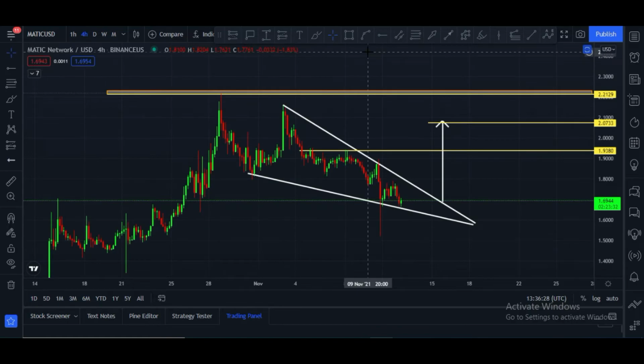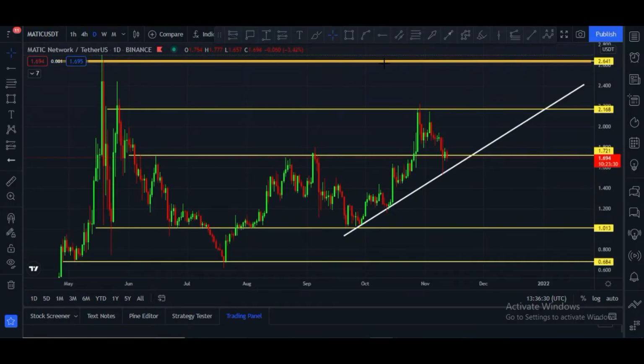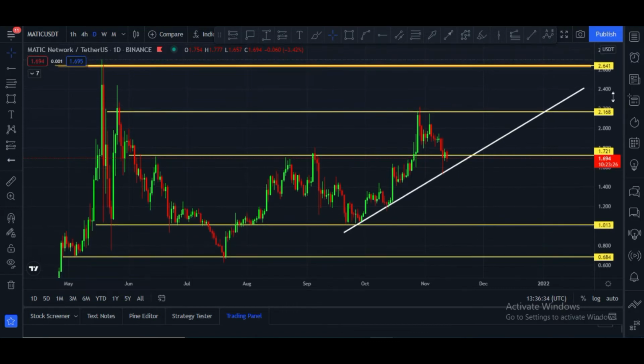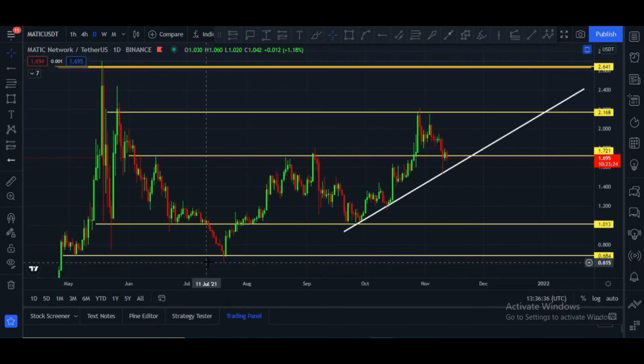Let me show you the daily chart. This is the daily chart, and here you can see this is the top. After that we see a consolidation phase, and after that price hit $1.72, and again price hit $1.01, and after that price hit $2.17. This white line is a trend line, and after several touches it respects this trend line, and that is a very, very good sign. Maybe price can hit this.